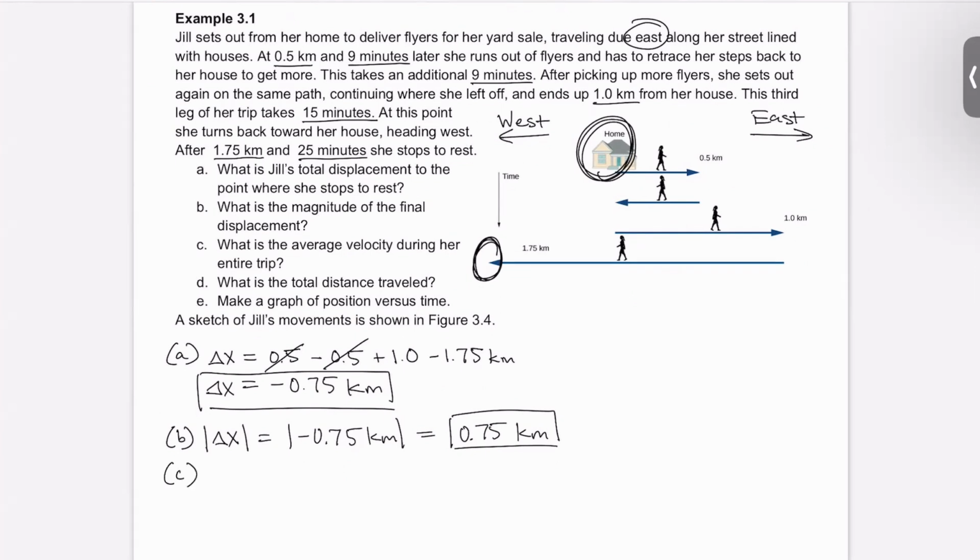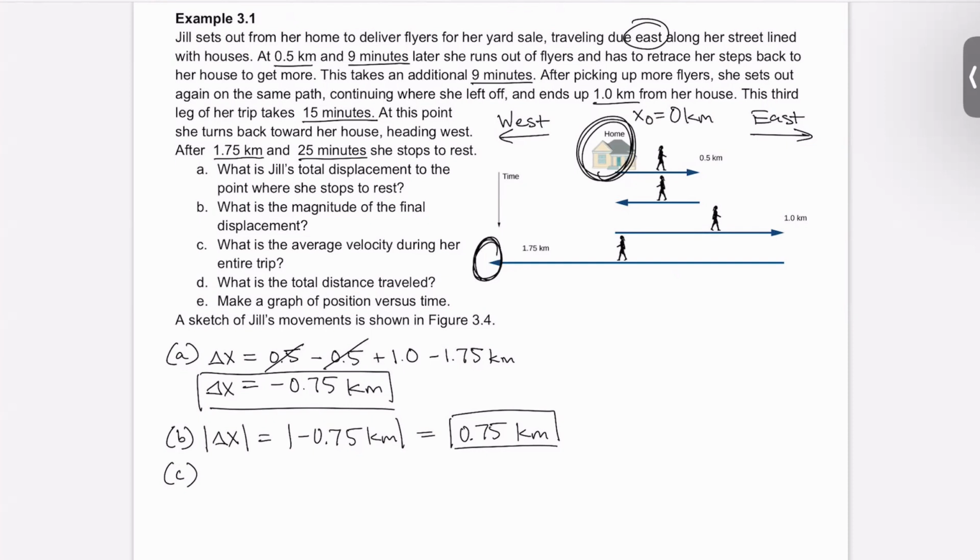For part C, what is the average velocity during her trip? Let's see. Average velocity only requires you to know the starting point and the end point. So we're going to look for those. The starting point seems to be position 0, so I'm going to say x naught is 0 kilometers.